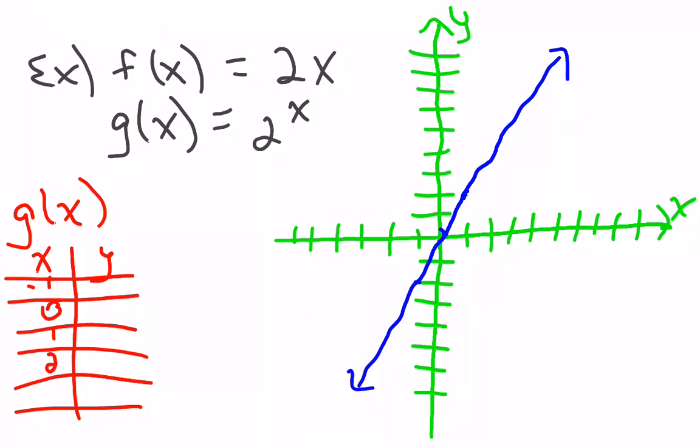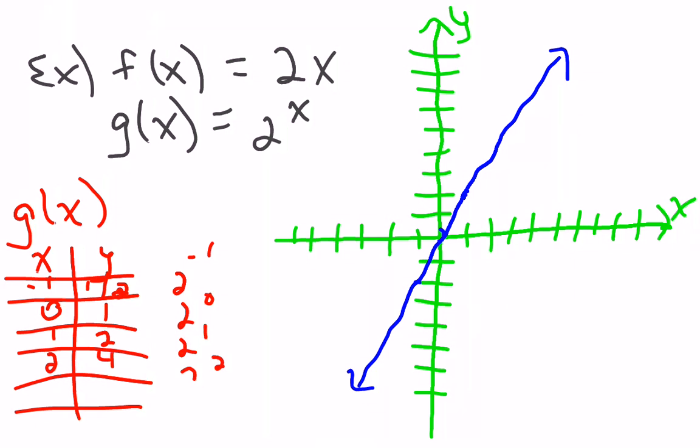Okay, so that means we're doing 2 to the negative 1. Remember that we flip that. Negative exponents are flipped, so it becomes 1/2. And then 2 to the 0. So anything to the 0 power is 1. 2 to the first power is 2. 2 squared is 4.